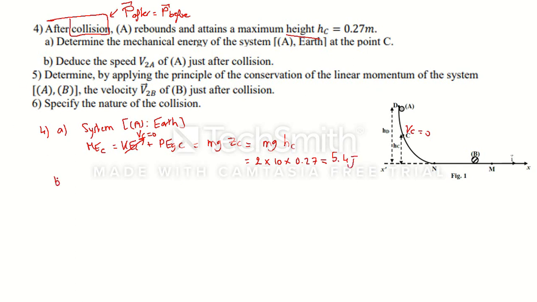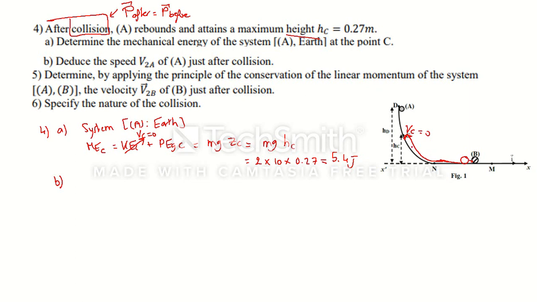Part B, deduce the speed v2A of A just after collision. Now we know that when this particle came here and collided with B, then it moves here and then reaches the point C, which is the maximum height. The question is to find v2A after collision.